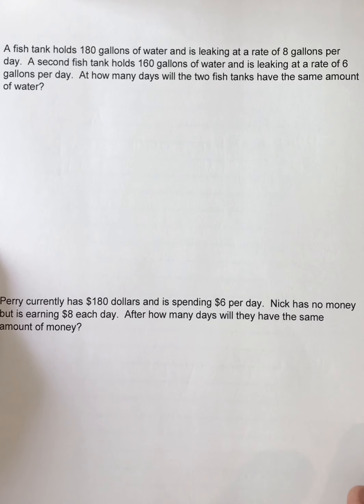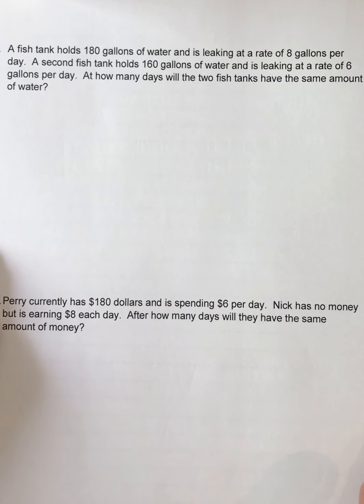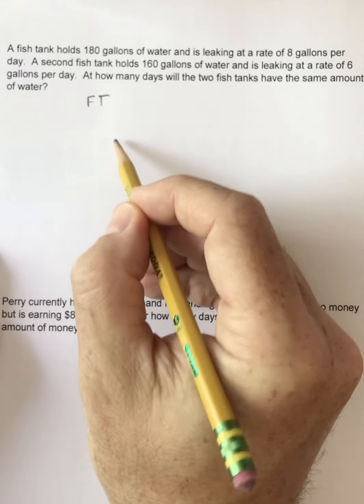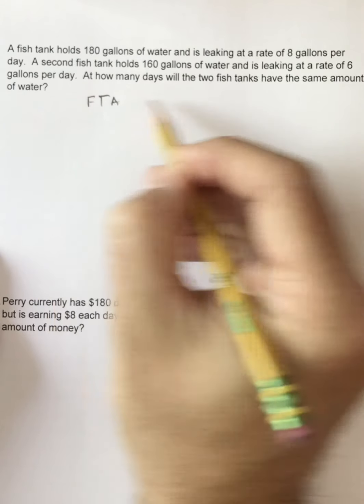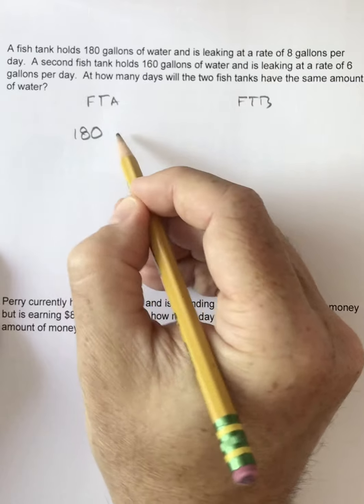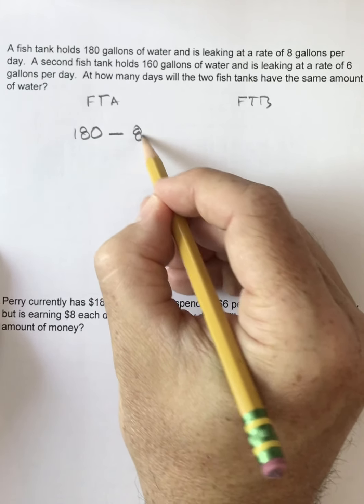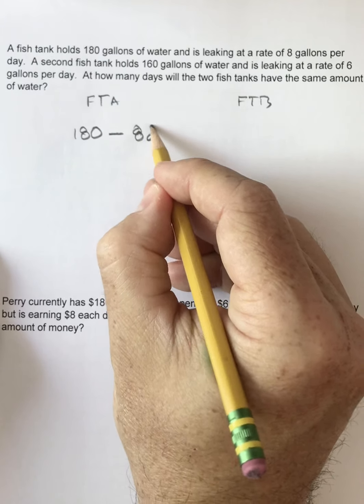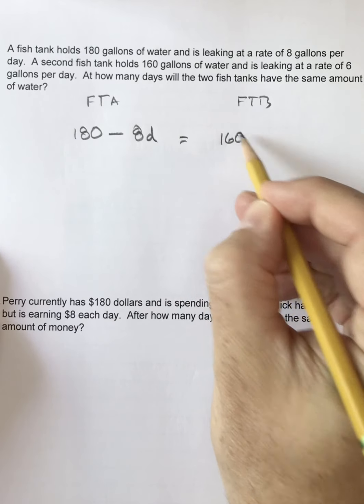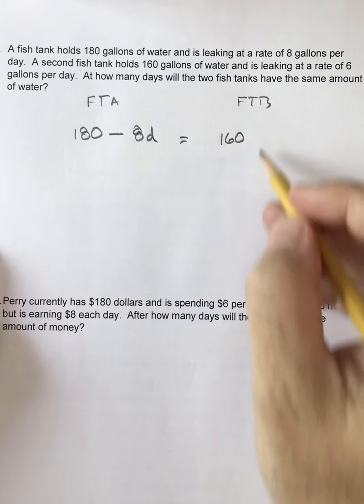9, a fish tank holds 180 gallons of water and is leaking at a rate of 8 gallons per day. Okay, so the fish tank A I'll call, and fish tank B. So this is 180 and it's losing 8 gallons per day. All right, and the second is 160 and is leaking at a rate of 6 per day.